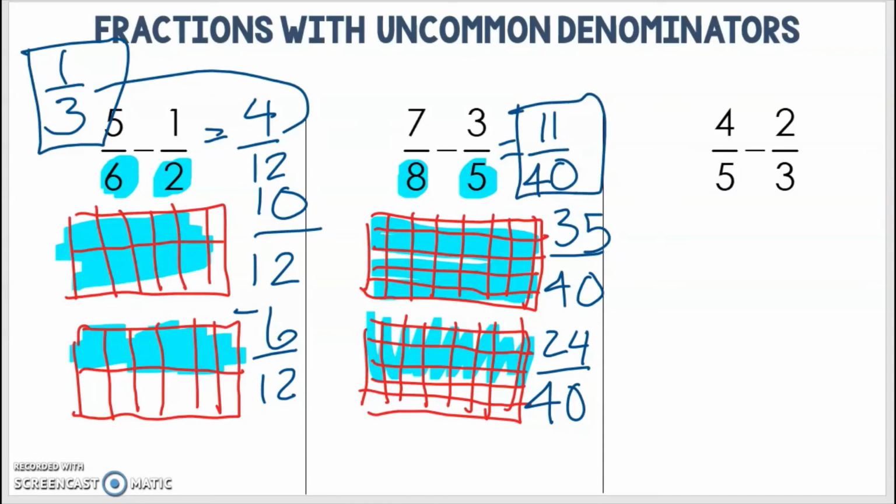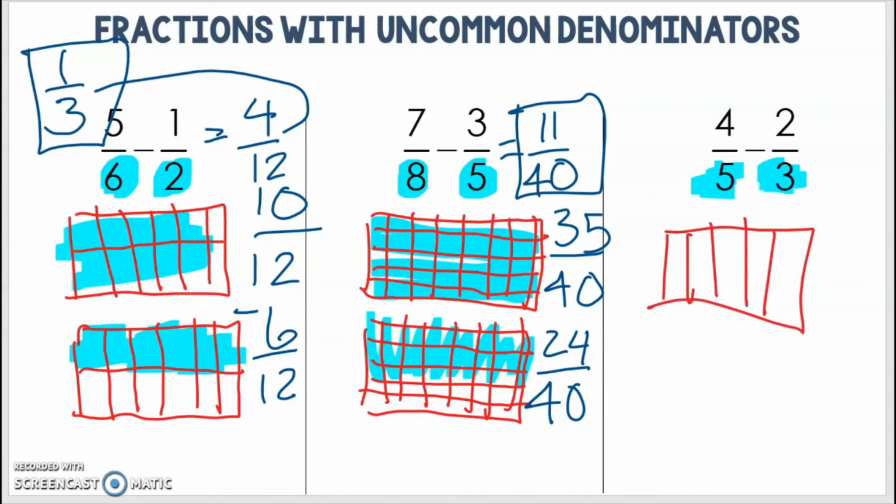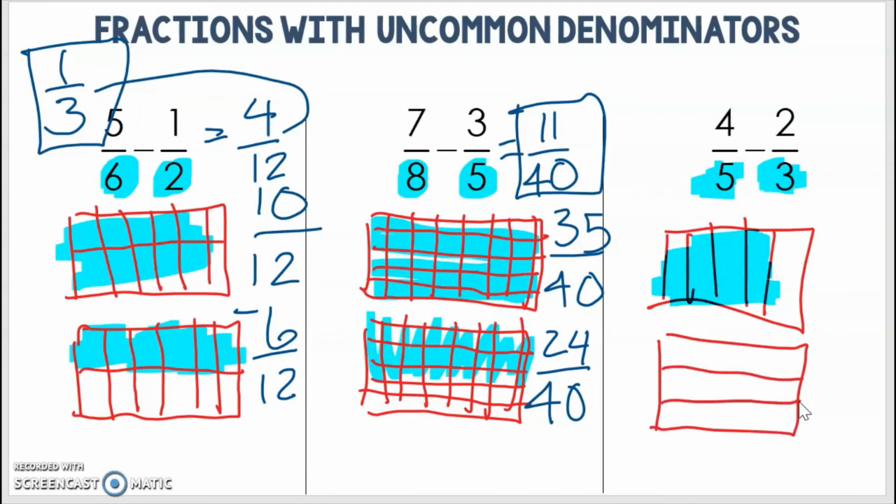Okay, one last time. 4/5, so here my terms are 5ths and thirds, not the same, right? So let's draw my bar models. 4/5, 1, 2, 3, 4. Okay, so here's 4/5. I'm going to take away 2/3, like my lines go in the opposite direction.